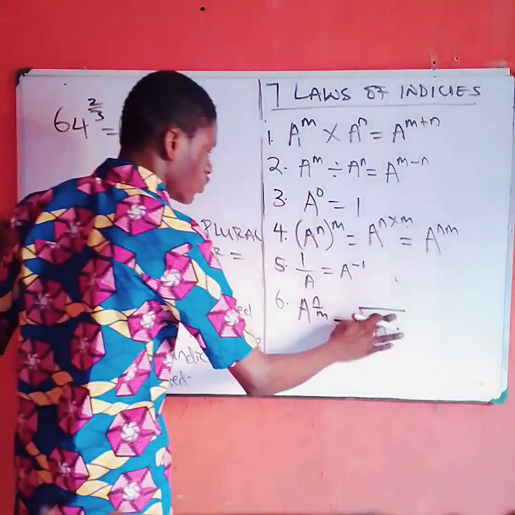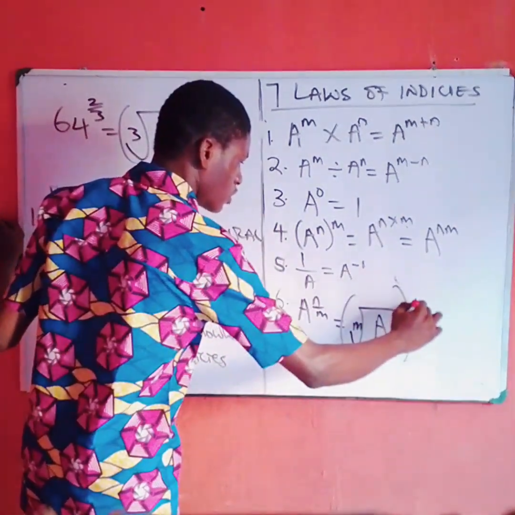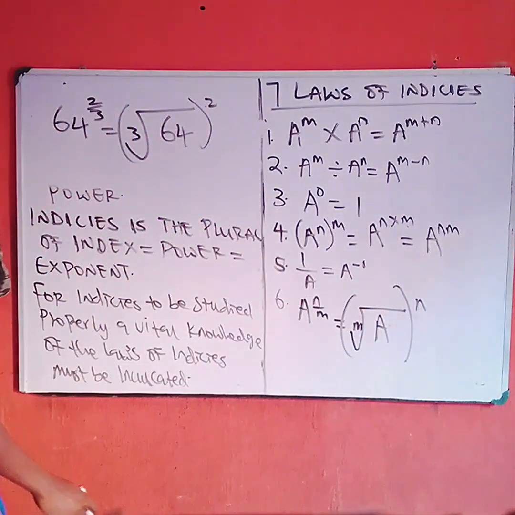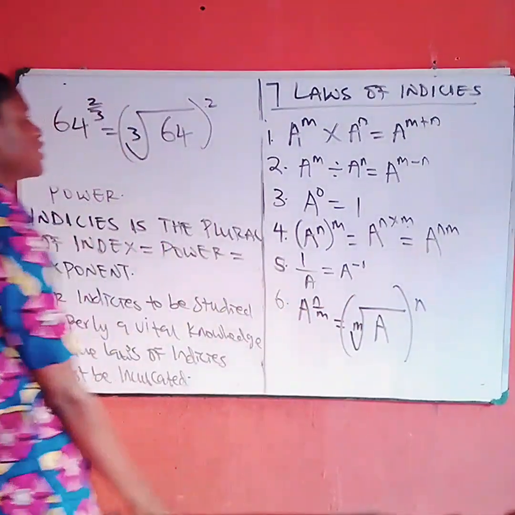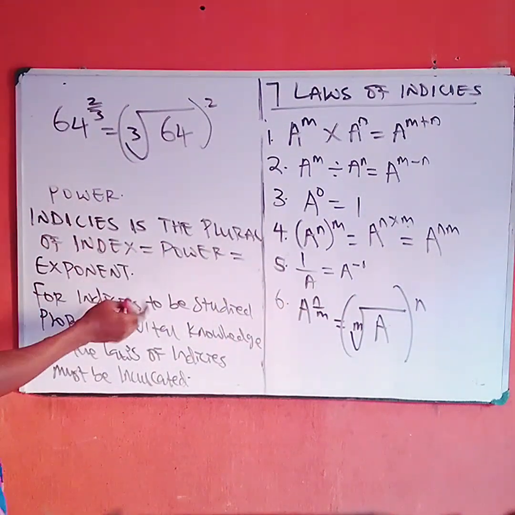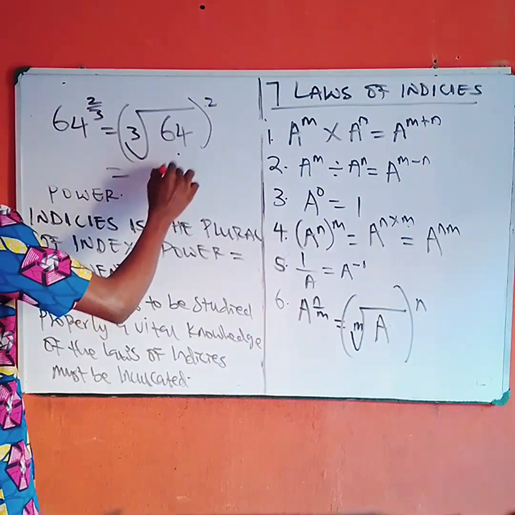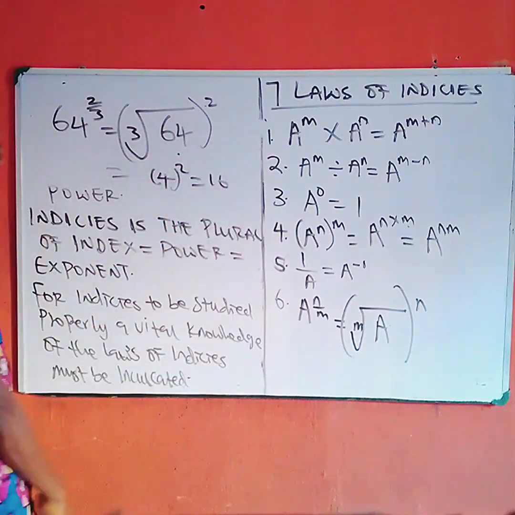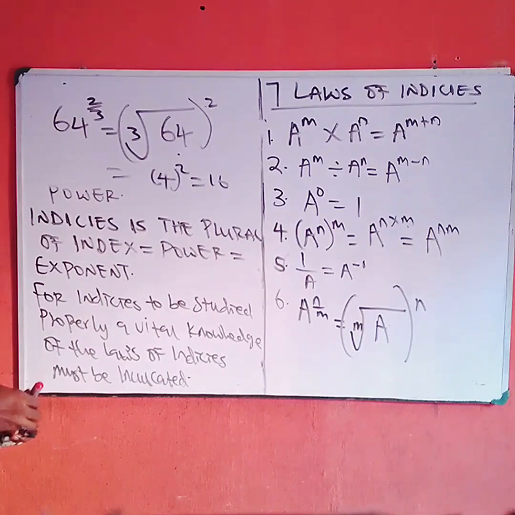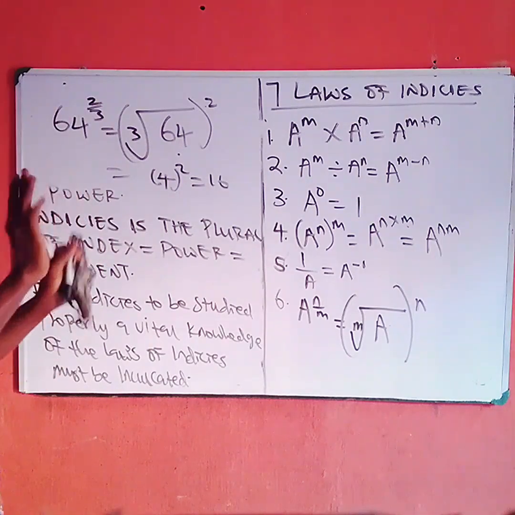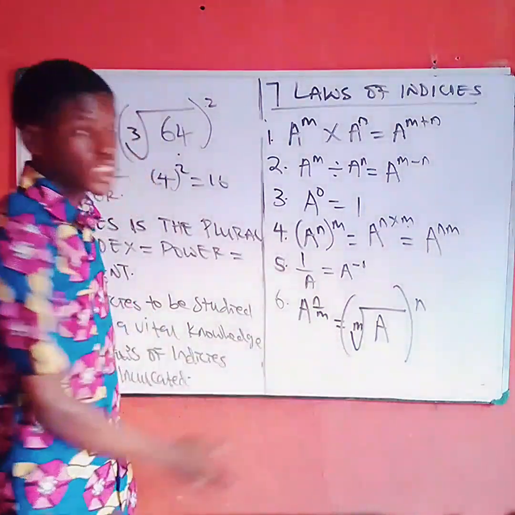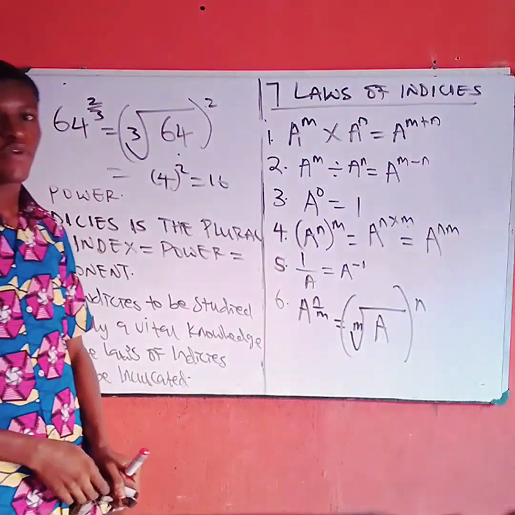I can decide to move this outside the bracket, or I can still decide to put it in there, and I have the same thing. Now somebody can solve this. The cube root of 64 is 4, and 4 squared is 16, right? So you can solve it. When you see a question like this, don't be afraid again. Indices has given us the law, and we can find the value.